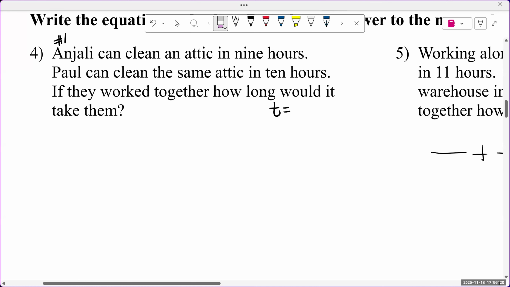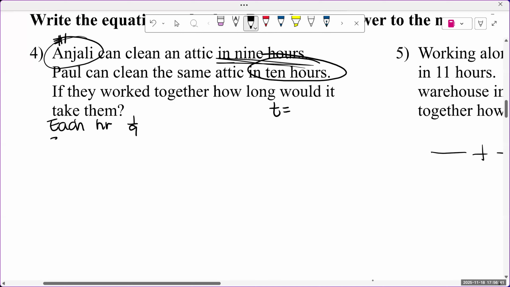Okay, number 4. So we have one person can clean the attic in 9 hours. That means each hour, this person, Anjali, can clean 1/9. Paul can clean the attic in 10 hours.